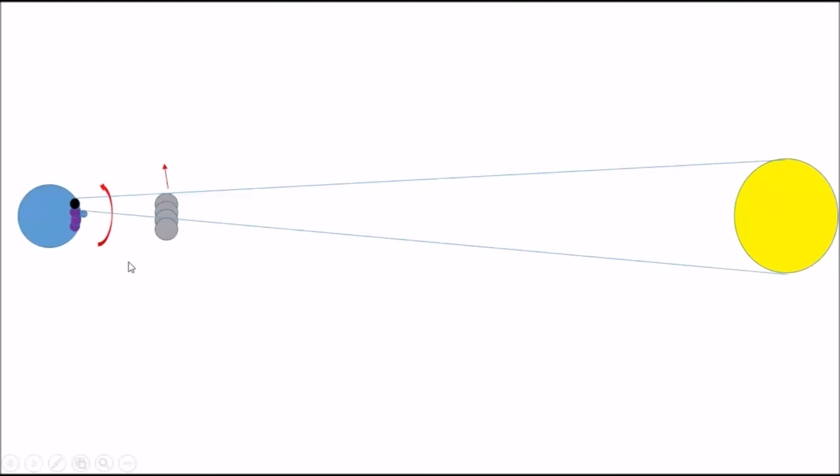If someone comes up with a new model that can predict eclipses equally accurately, as well as predicting other things, such as sunrise, sunset, and lunar eclipses, which are when the Earth's shadow falls on the Moon, so the Moon is on the opposite side of the Earth relative to the Sun.